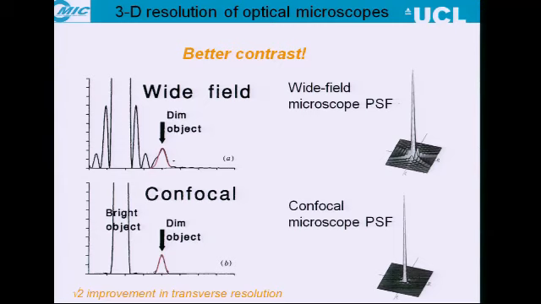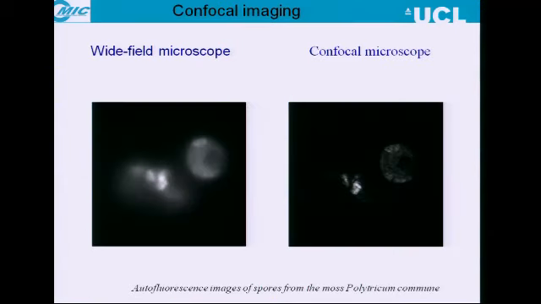That's not the main point. The main point is to get the depth resolution. Here you see an image of a biological specimen with a wide field microscope, where you're getting blurring due to the integration over depth, versus the depth resolution that you get from the confocal. So the confocal is giving you a 3D image by scanning.